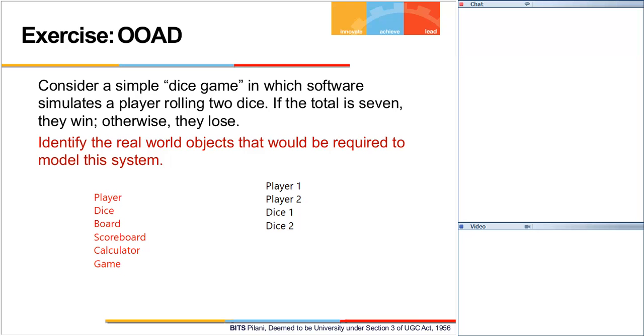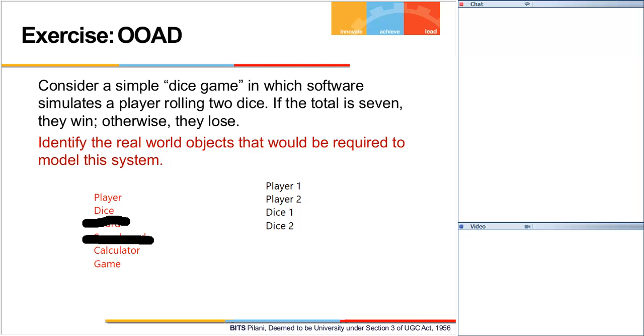Is the scoreboard there? If I have to implement this and provide a design of this case study, the scoreboard will be there. But it is not a real world object. So when you are only identifying the real world objects, your scoreboard is not there.